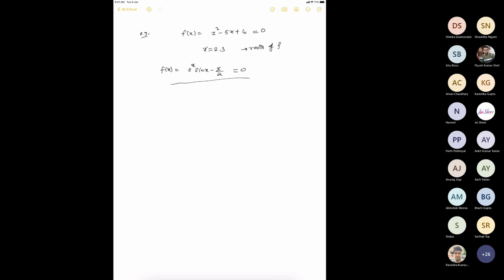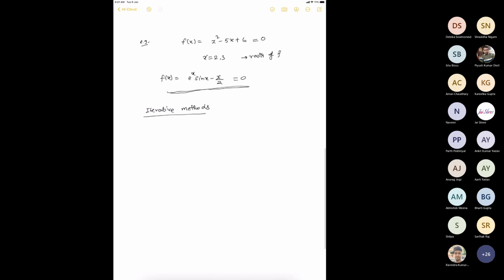There are some very simple and elegant numerical methods which one can use to find the approximation of the root of this equation, or in general for any nonlinear equation. These methods are going to be iterative methods. So we are going to see some of the iterative methods which can be used to approximate the roots of the nonlinear equation.